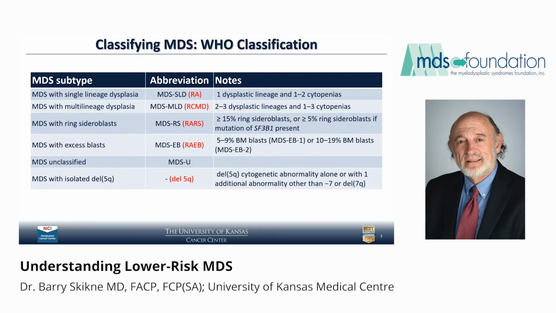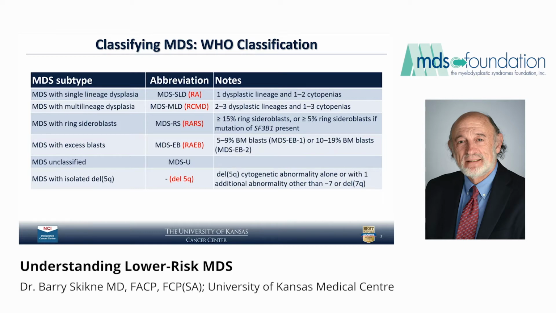Or if they don't have 15% ring sideroblasts and only have at least 5% ring sideroblasts, if they have a mutation of SF3B1 present, then one could classify it as MDS-RS. And we will speak a little bit more about that.